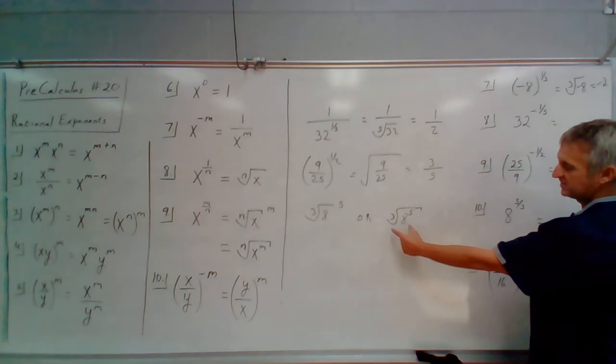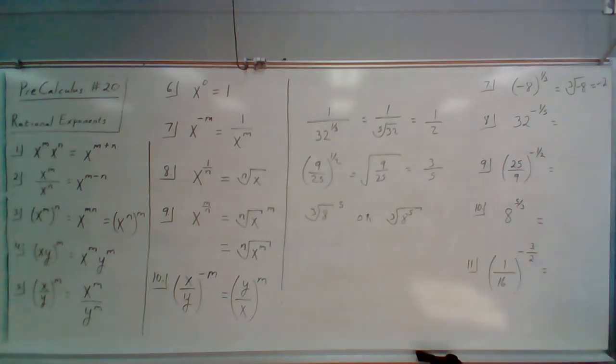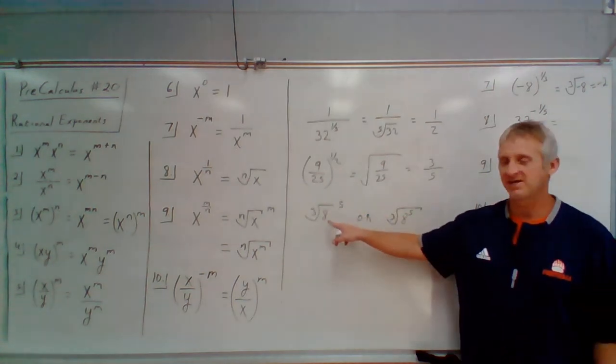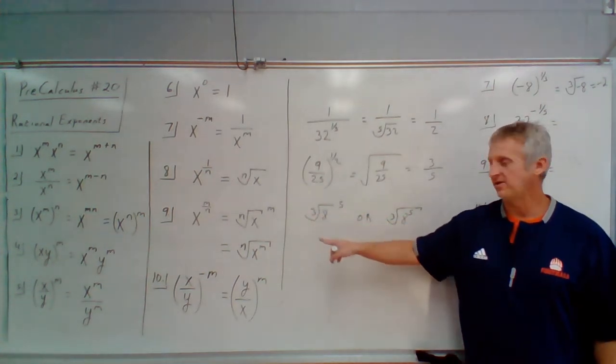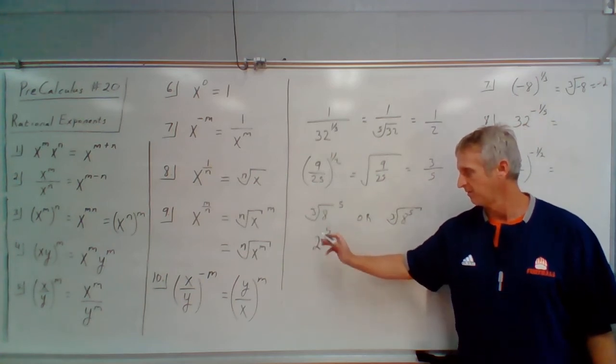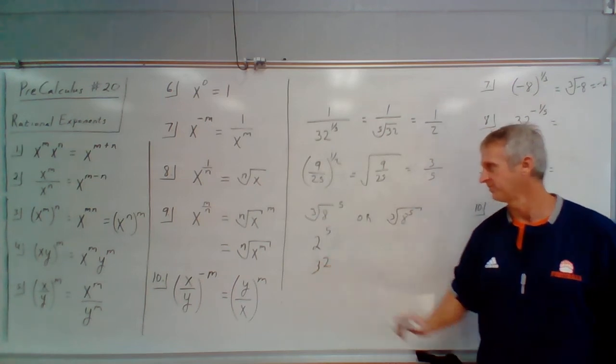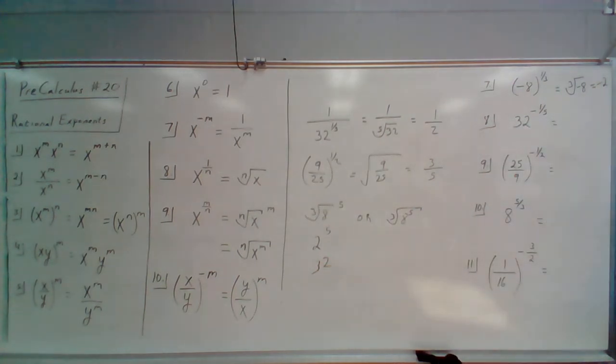What if we tried to evaluate this? Here we would have to do 8 to the 5th. I have no idea what 8 to the 5th is. I would need a calculator. But this side I can do. The cube root of 8 is 2. So I have 2 to the 5th, which is 32. Okay, so 8 to the 5/3 power would be 32.